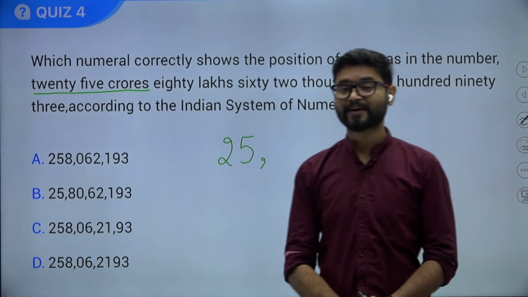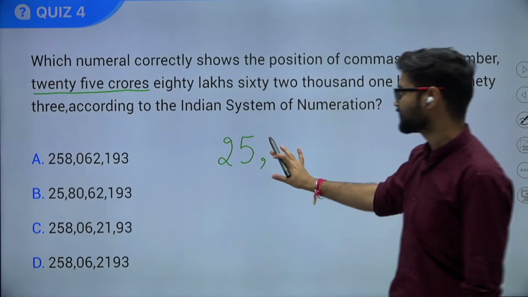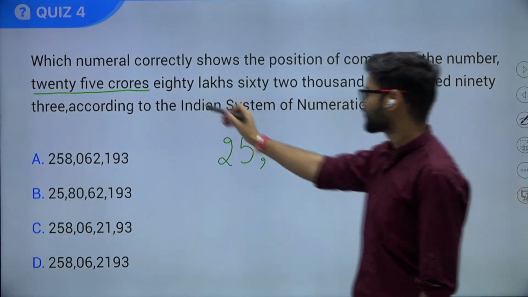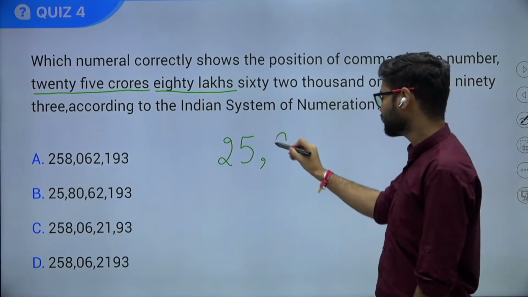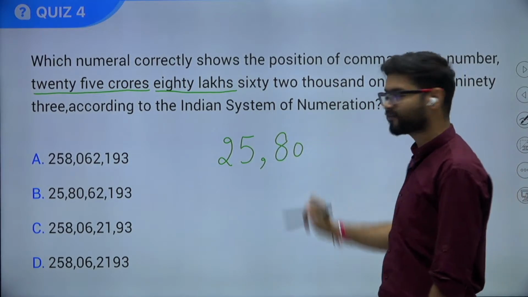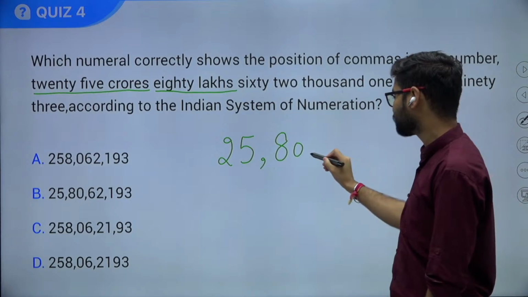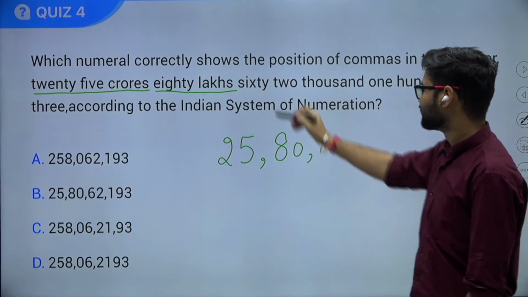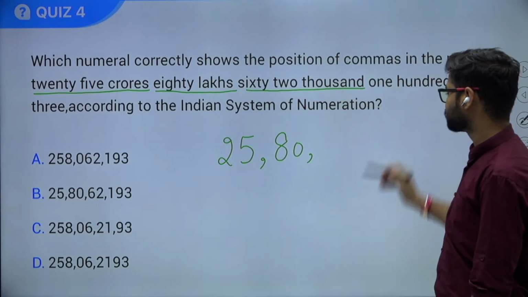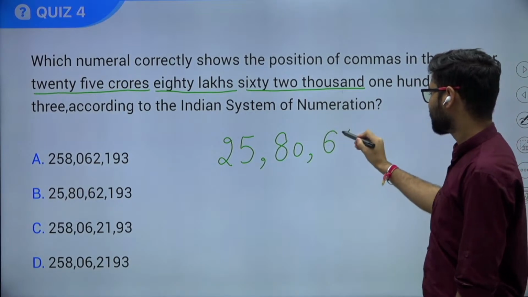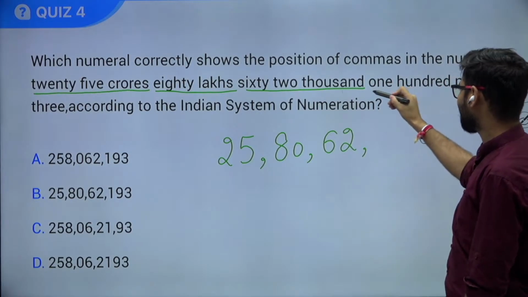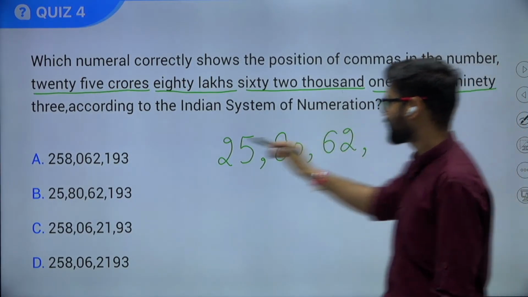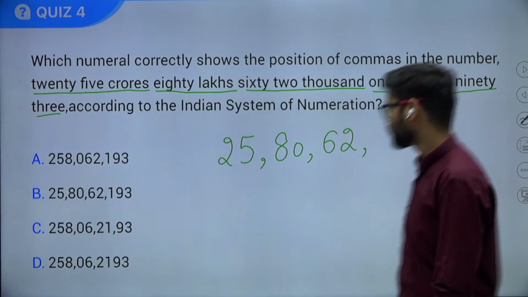Next, 80 lakhs. 80. And in place of lakh, I'll put a comma. 62,000. 62. In place of thousand, I will put a comma. Last we have 193.